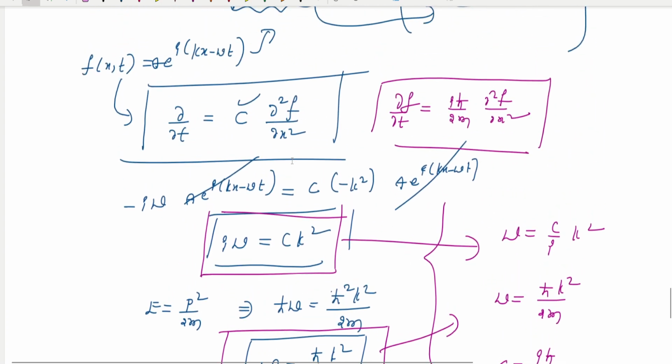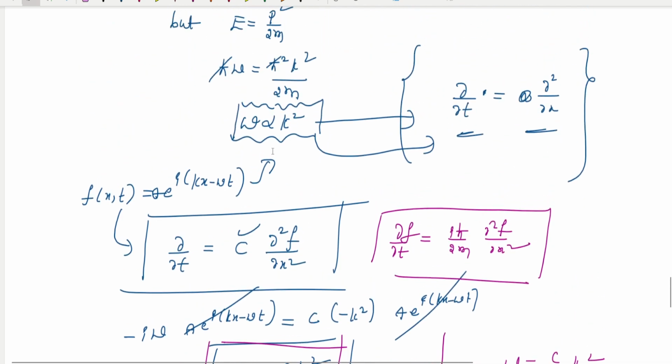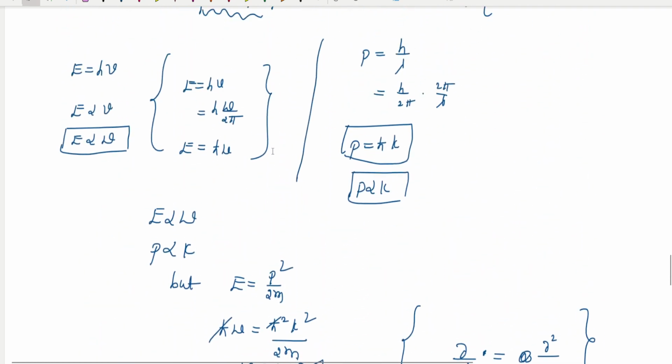So these are the reasons why we require the Schrodinger equation. The differential equation for the wave associated with the particle in motion cannot be derived from the classical forms.